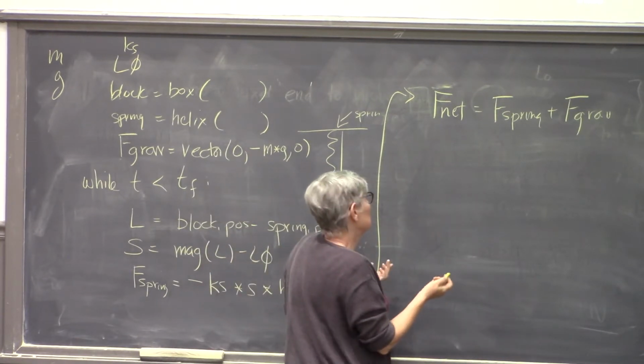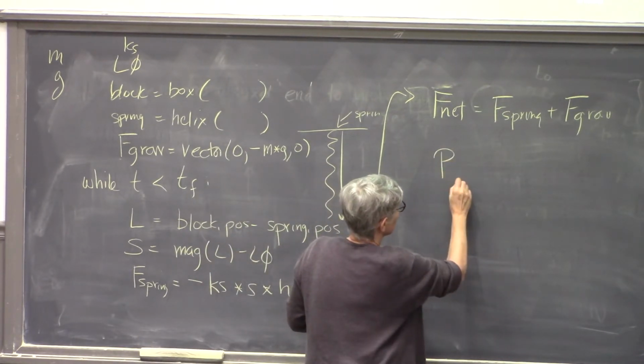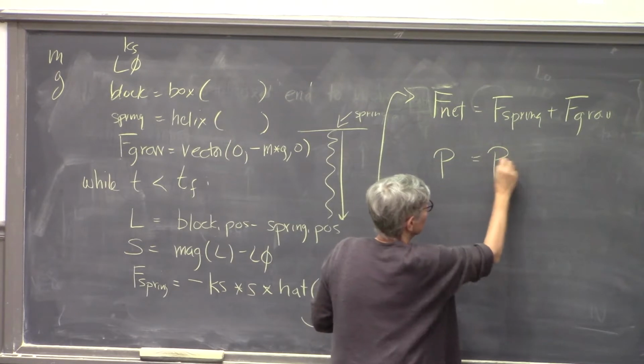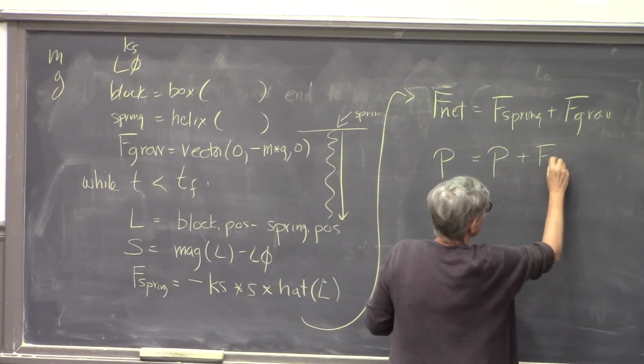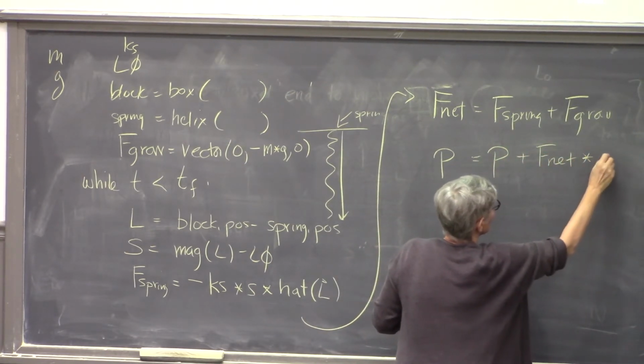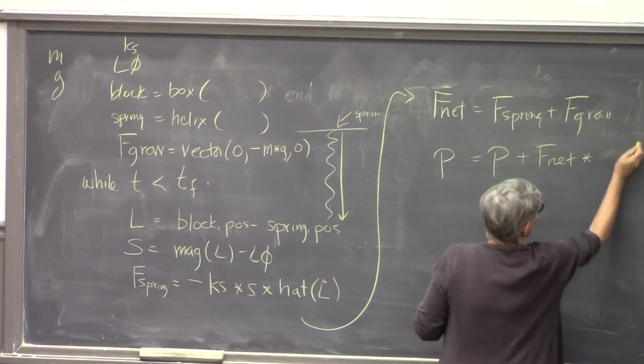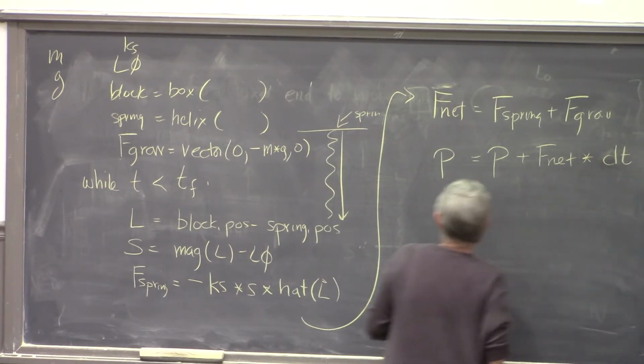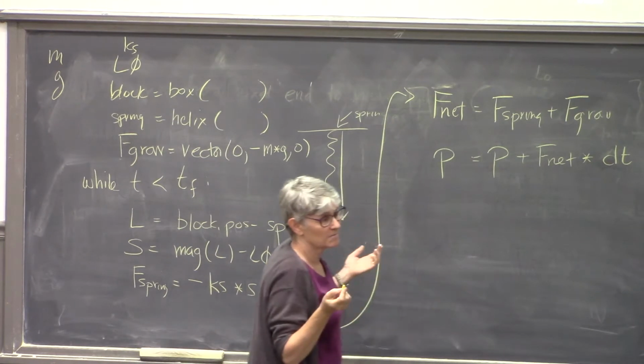And now the momentum of the block is the block's momentum plus F net times delta t. Momentum principle.